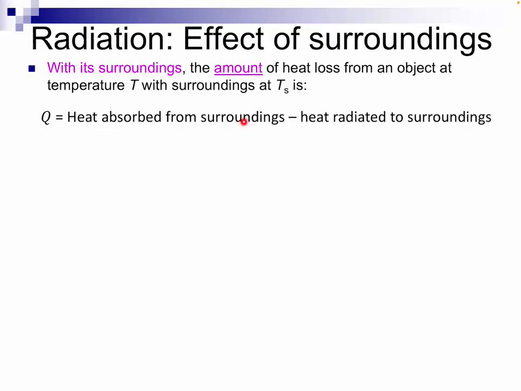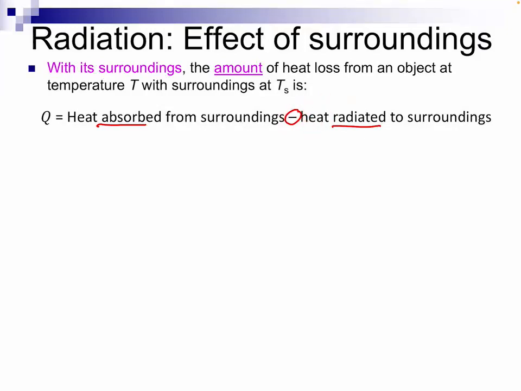So it's a combination of radiation absorbed from the surroundings and radiation that I give off to the surroundings. Of course, it makes sense that the heat radiated will have this negative sign, because as I radiate heat, I lose energy, and the heat I absorb will let me gain energy. So the heat absorbed will be the positive heat, and the heat that's radiated will be the negative heat.